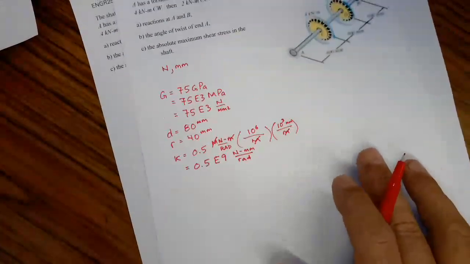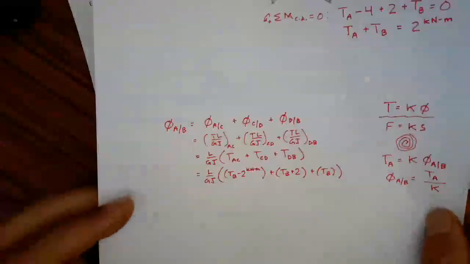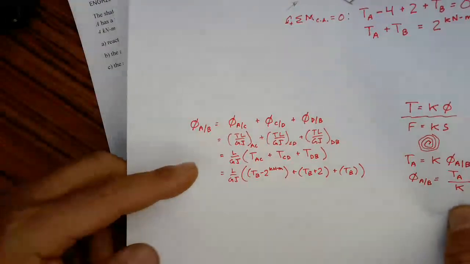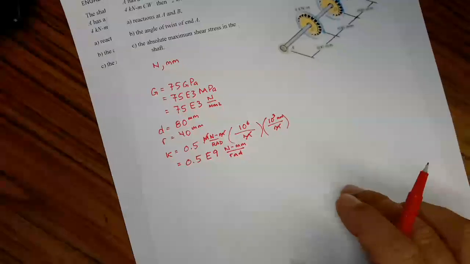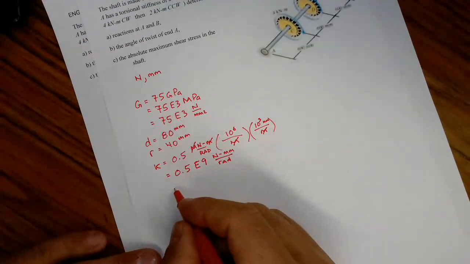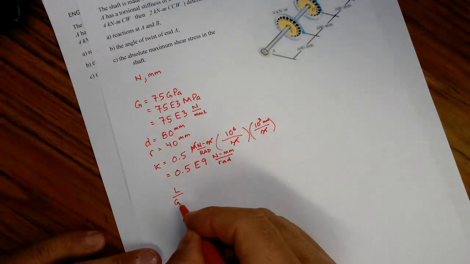The calculations I want to do to try and simplify this a little bit is that L over GJ. Let's see what that equals. L over GJ.